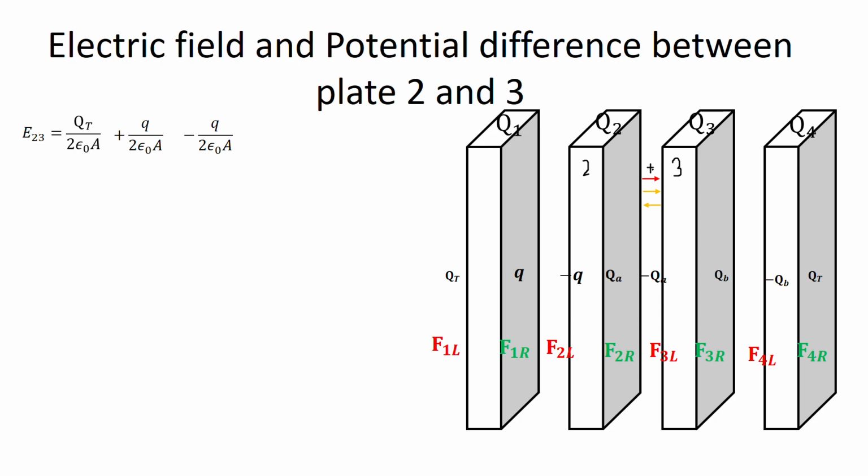Similarly, QA will push this test charge towards right, so the electric field will be towards right, and that is indicated by this green arrow.